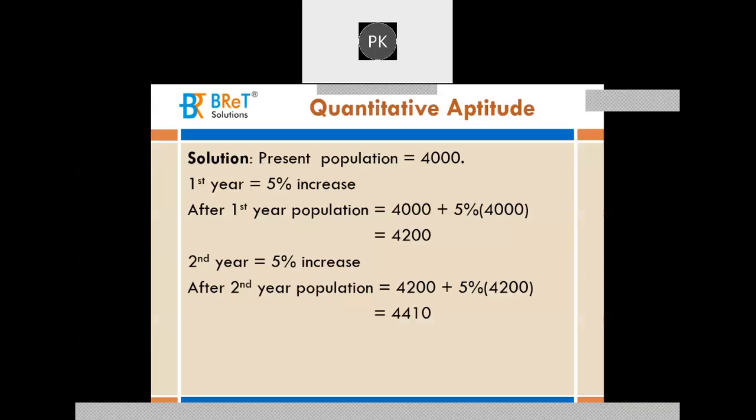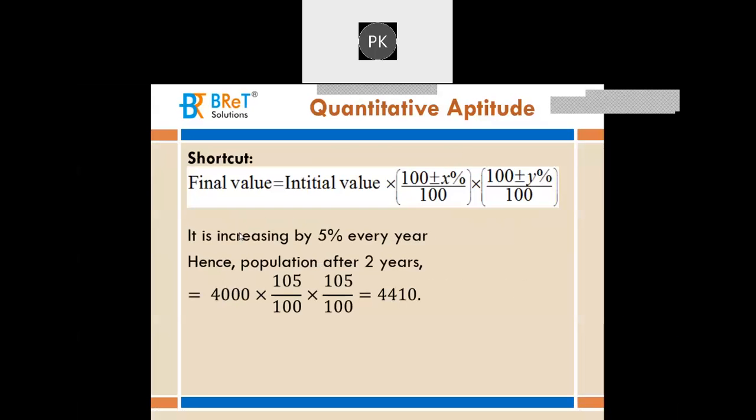Now I'll give a shortcut which can be used to find the solution for this kind of example. The final value is always given by the initial value into 100 plus or minus first increase or decrease.